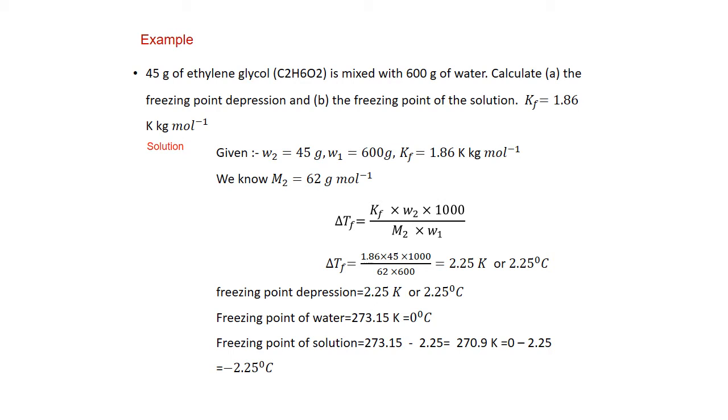It is the depression in freezing point, because the freezing point of the solution will be lower than pure solvent, so we will subtract this value from the freezing point of the pure solvent, that is 273.15 minus 2.25, equal to 270.9 Kelvin. And if we take it in degree Celsius, the freezing point is 0 degree, so it will be 0 minus 2.25, so the answer will be negative 2.25 degree Celsius.